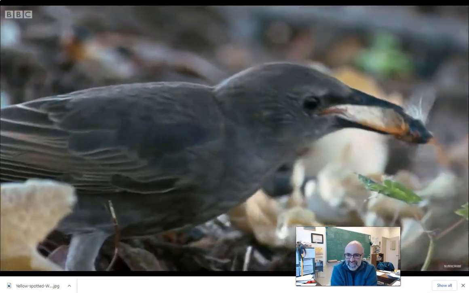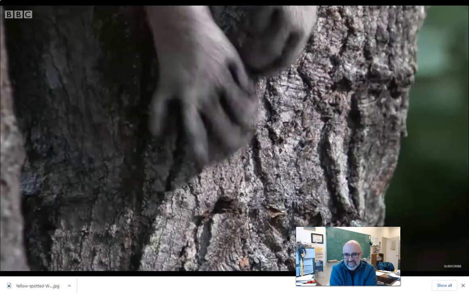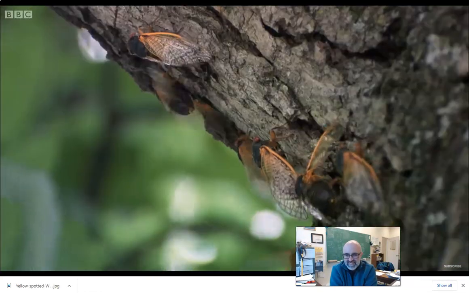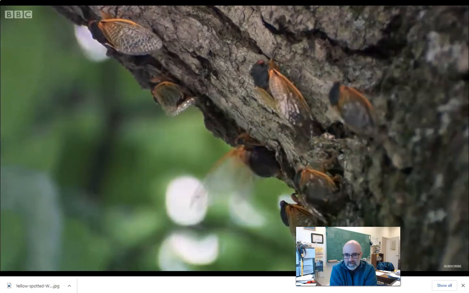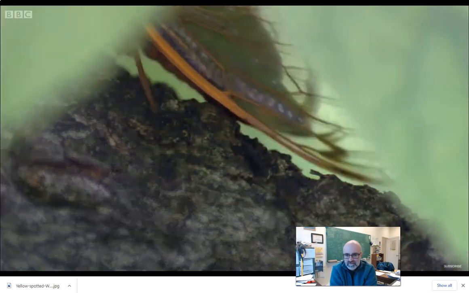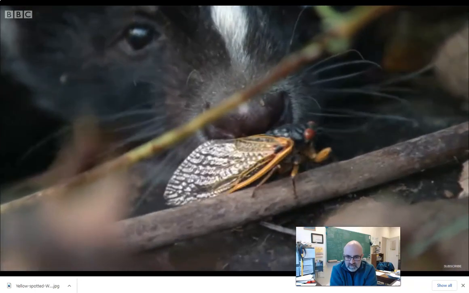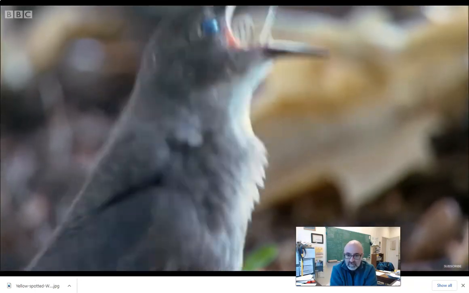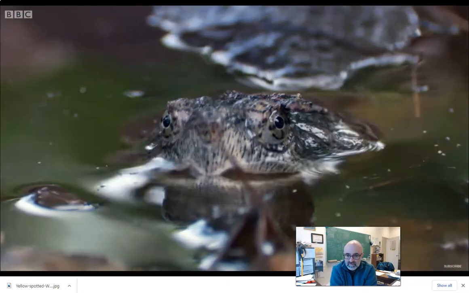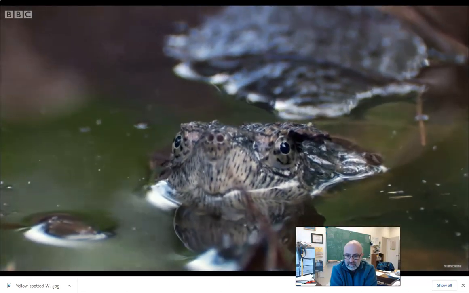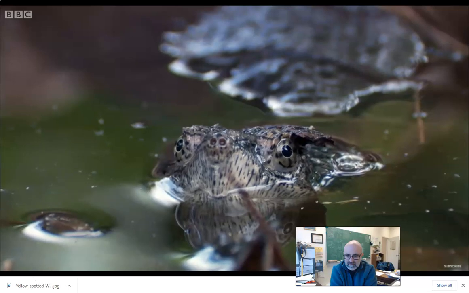Look at that raccoon. The stream of insects is so relentless that soon all the predators are full to the point of bursting. And still the cicadas come.